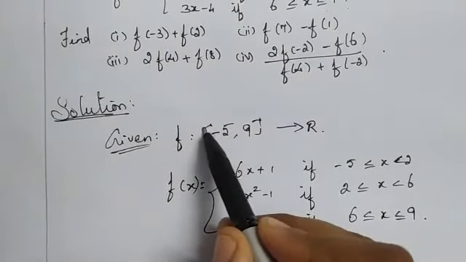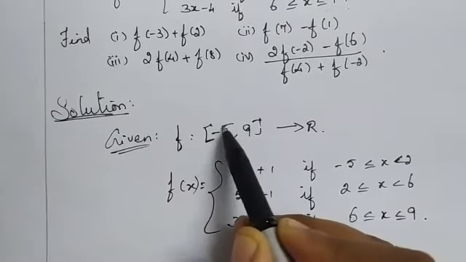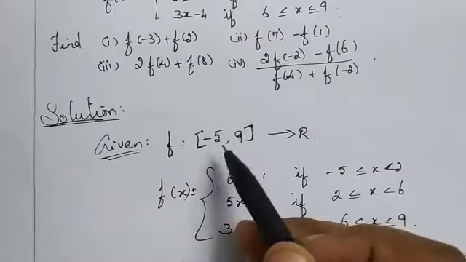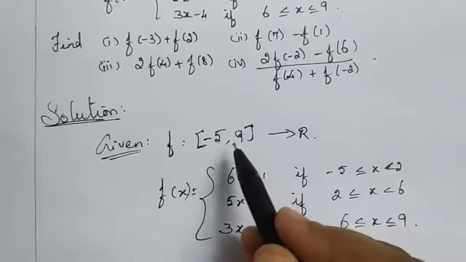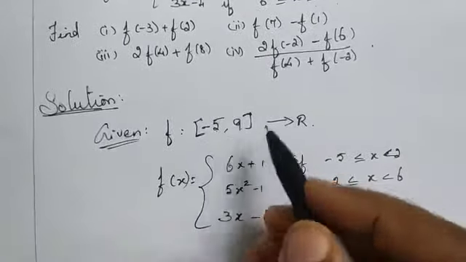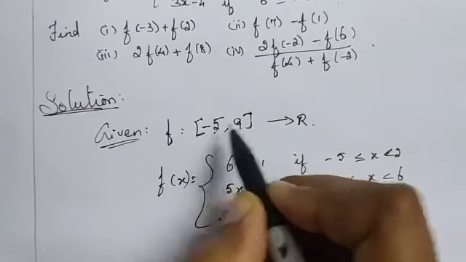First see, closed interval minus 5 to 9 means the values from minus 5 to 9.